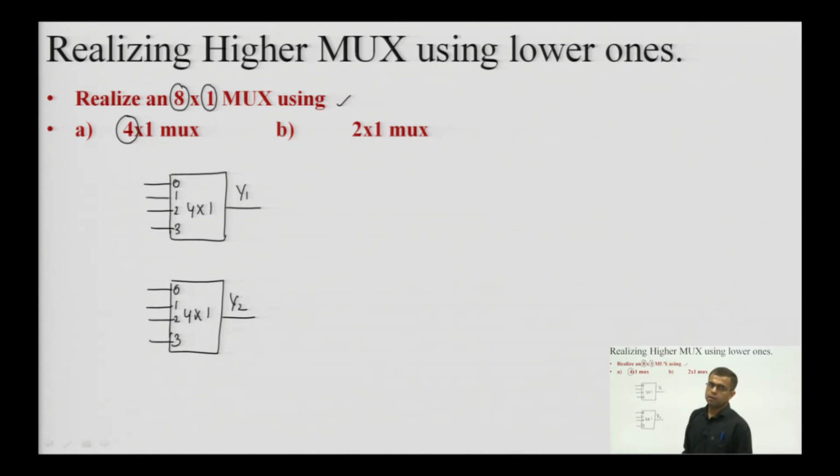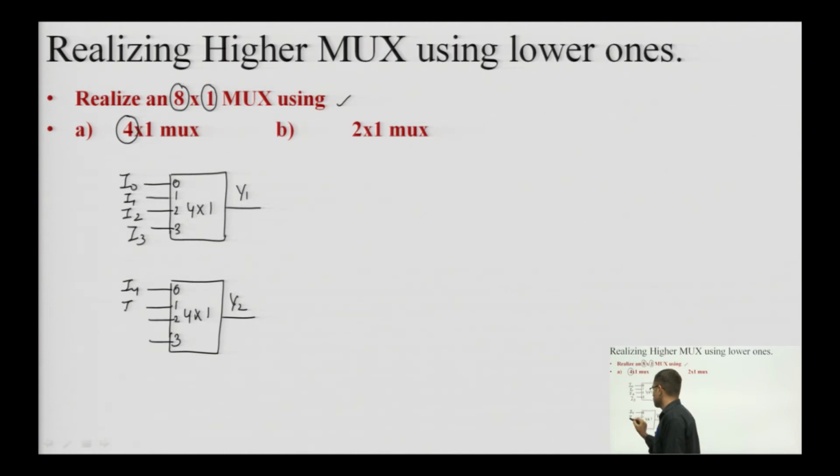So, they have to be clubbed together by using some additional circuit. That additional circuit can be an OR gate or another smaller multiplexer, 2 cross 1 multiplexer. First I am labeling the inputs as I 0, I 1, I 2, I 3. Similarly, these names can be extended to I 4, I 5, I 6 and I 7.